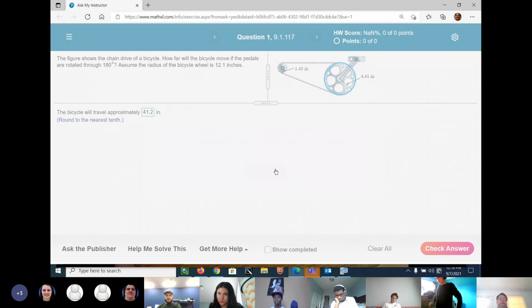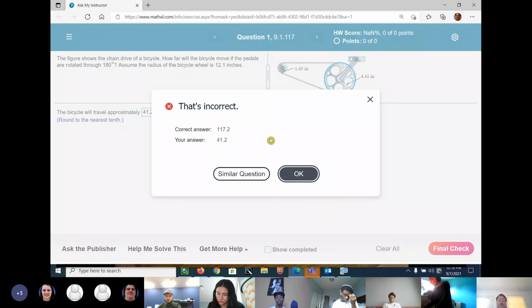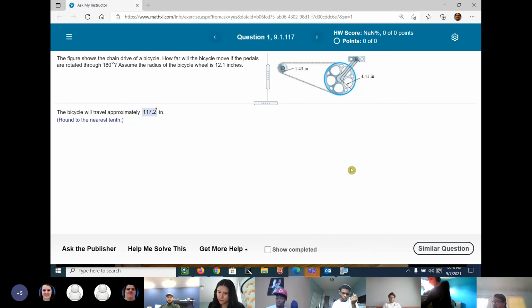Oh! Let's see, it must be off a little bit. Wait, I think I know why. It's my rounding, because y'all rounded to 8. Ooh. Wow. What did I do wrong? It must be multiplication wrong somewhere. Did anybody get 117?